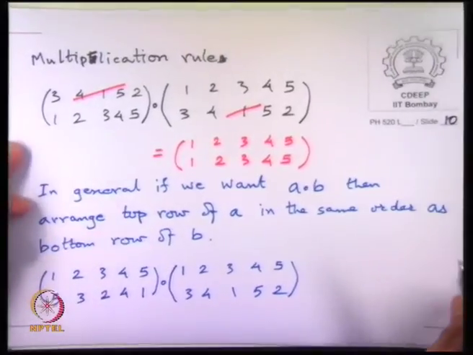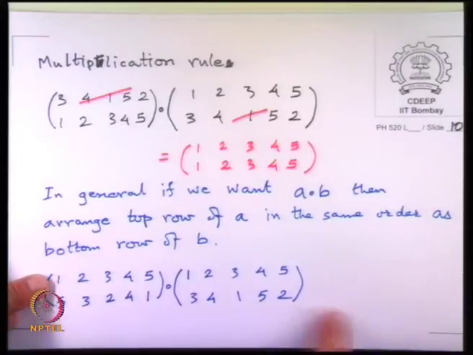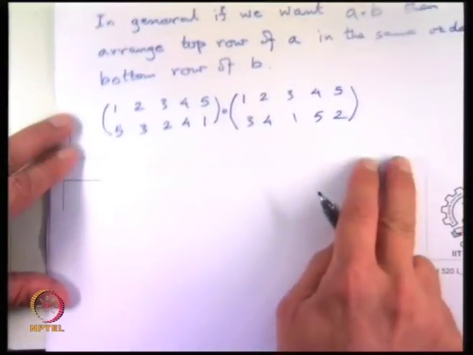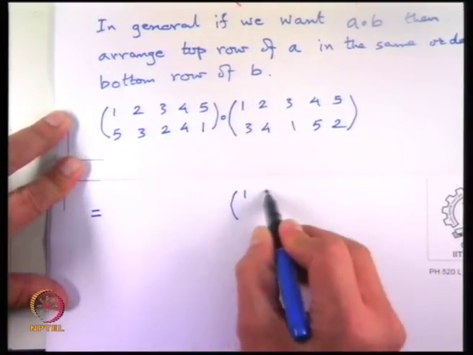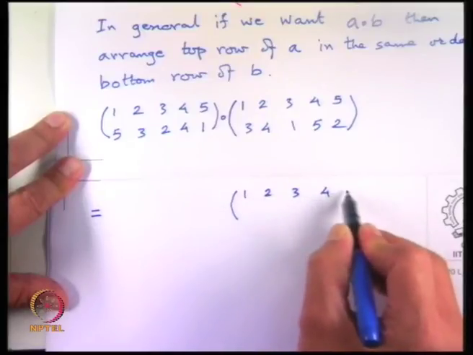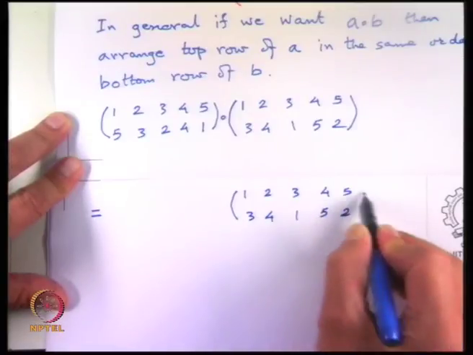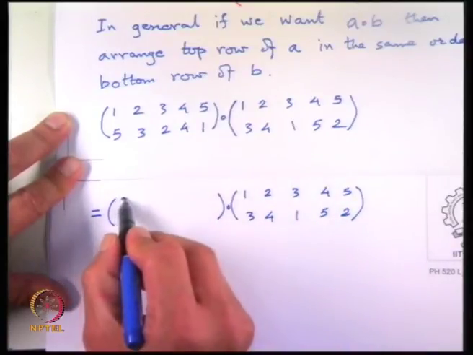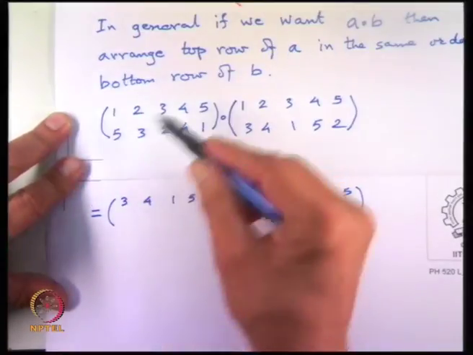Then what I will do is first bring this top row in the same format as this. So we write this as equal to, leave this as it is. Now I make this also 3, 4, 1, 5, 2, and then carefully look here.